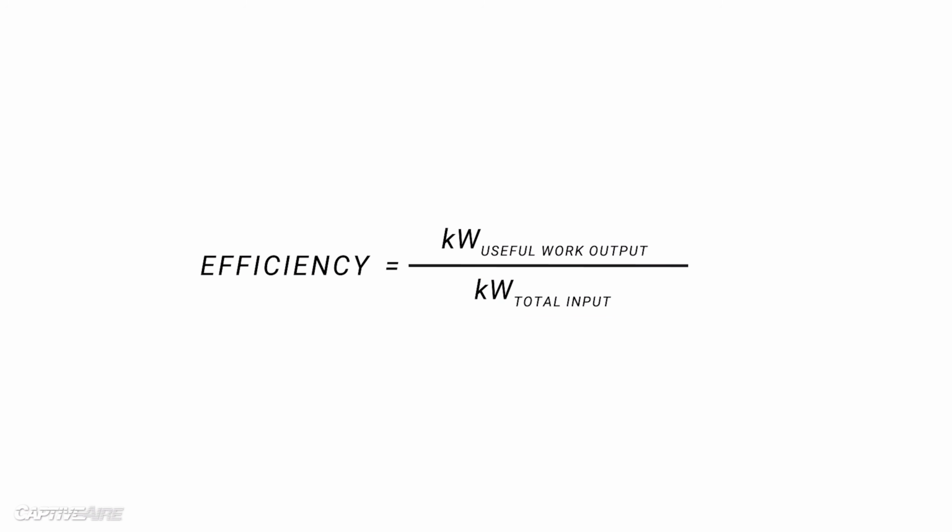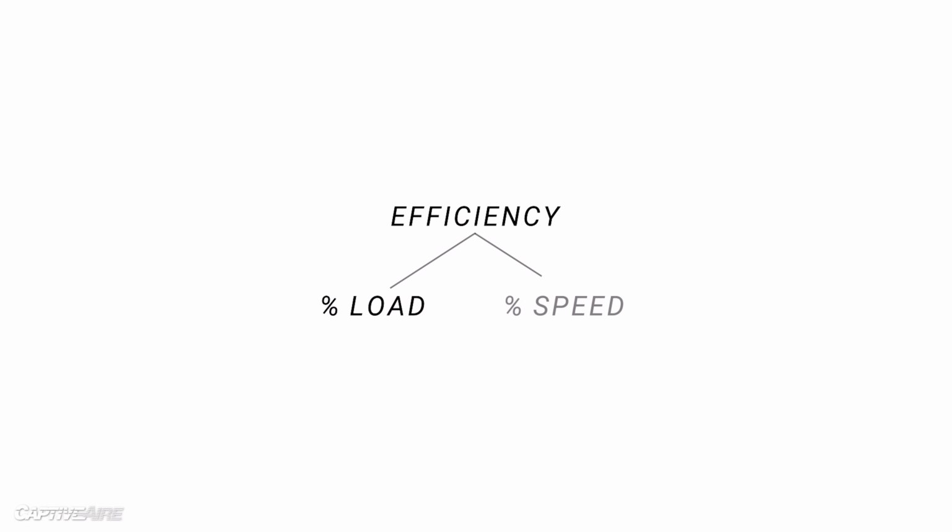When it comes to motor selection and pairing with the fan, there are two major factors that influence efficiency: percent load and percent speed. As we just mentioned, we try to keep the percent load around 70%. We also try to keep the motor speed at a minimum of 50% or 30 Hz nameplate speed, especially with induction motors. And here's why.